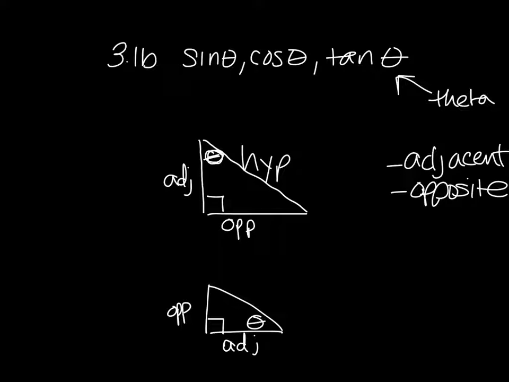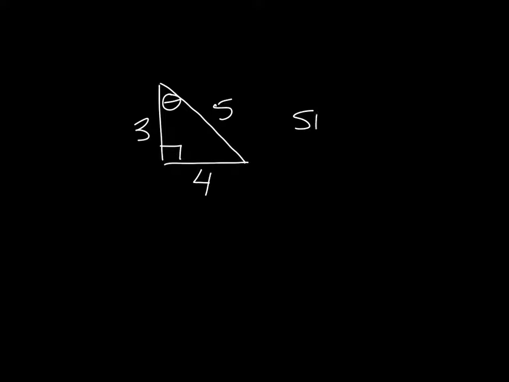Now, sine, cosine, and tangent are really just fractions. That's all they are. Just a fraction. And so if we have sides, let's just be simple here, so 3, 4, and 5. If we have our three sides, and I want to know the sine of theta, once again, I'm looking at here's my angle.